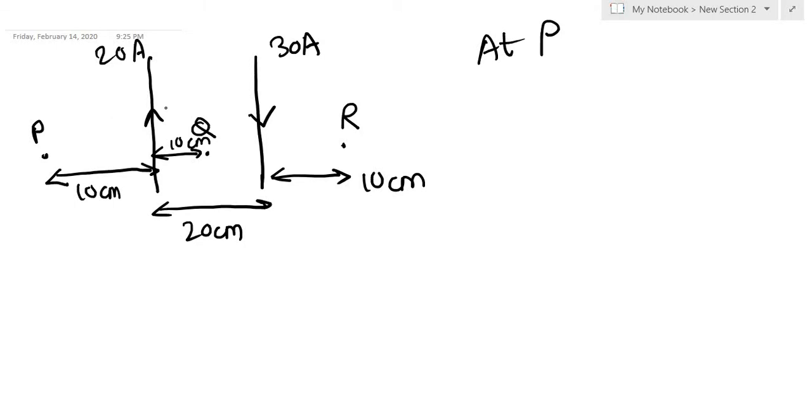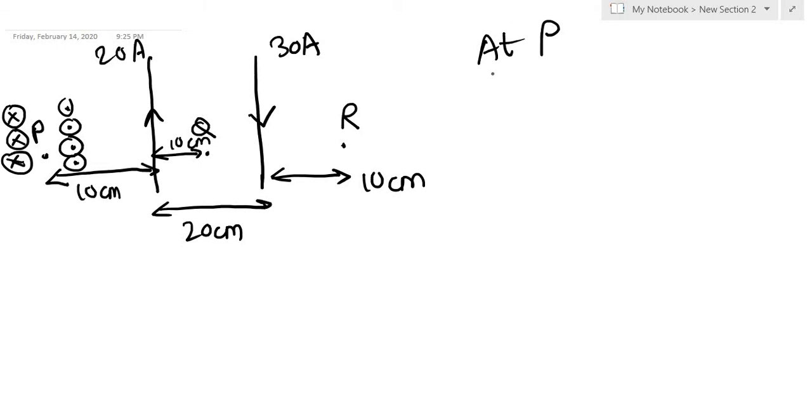So at P, if you use the right hand thumb rule on wire 1, the magnetic field of wire 1 is going to emerge at P, but the magnetic field of wire 2 is going to penetrate at P. So one's emerging, one's penetrating. We have to subtract because the angle between them is 180. They are in opposite direction exactly.